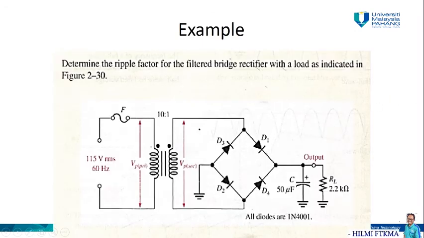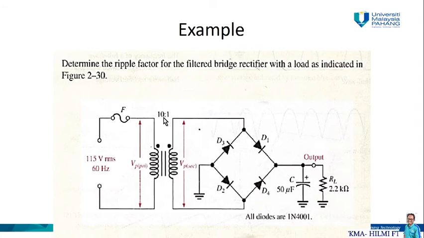So let's take a look at one example before we finish this topic. Determine the ripple factor for the filtered bridge rectifier with a load as indicated in this figure. So we have 115 volt RMS with a frequency of 60 Hertz, and then we have the peak primary voltage and peak secondary voltage.